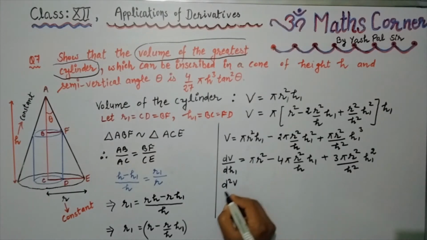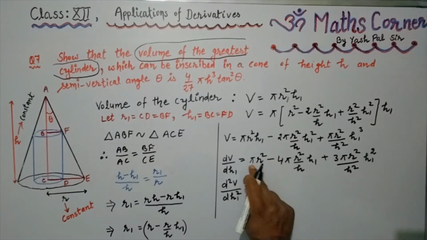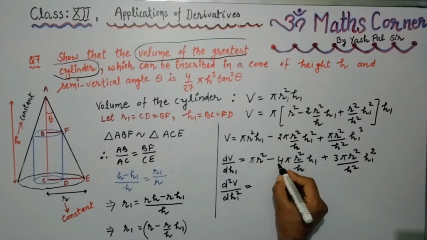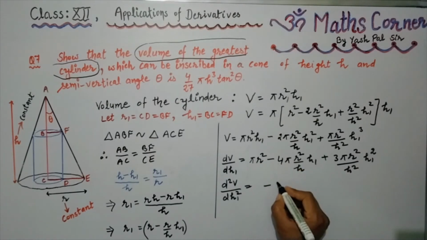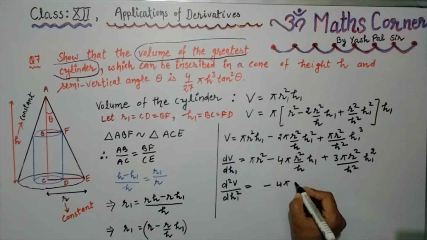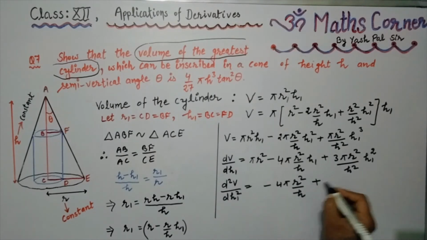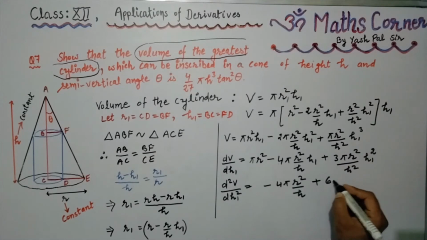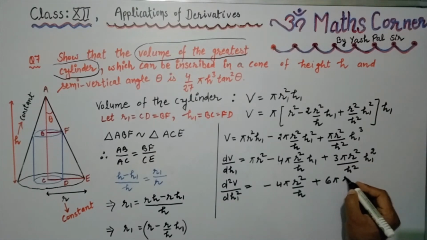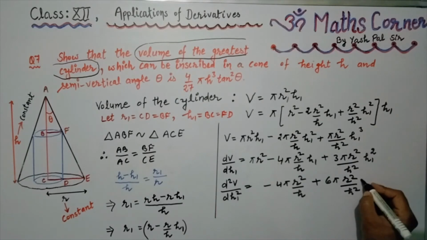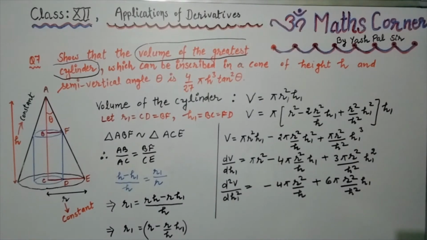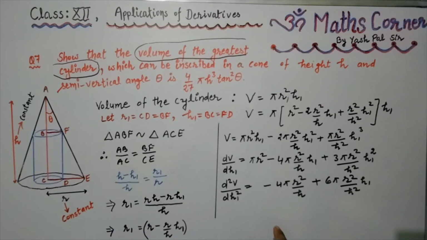Again differentiating with respect to H1, we have d square V divide d H1 square is equal to, this is purely constant so 0, this becomes minus 4 pi R square upon H plus 6 pi R square upon H square into H1.